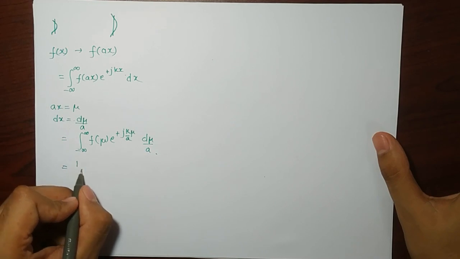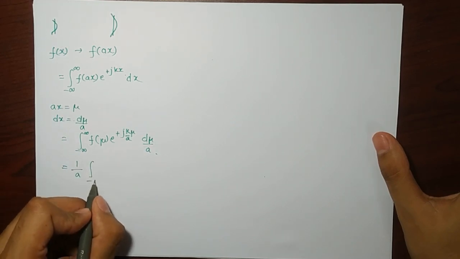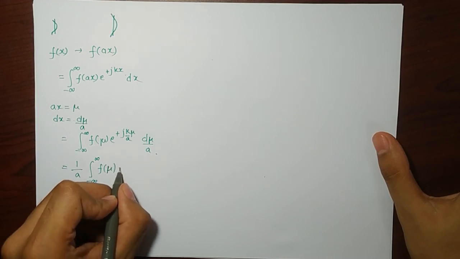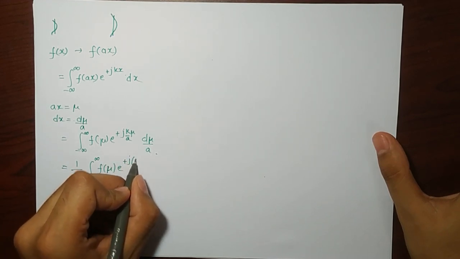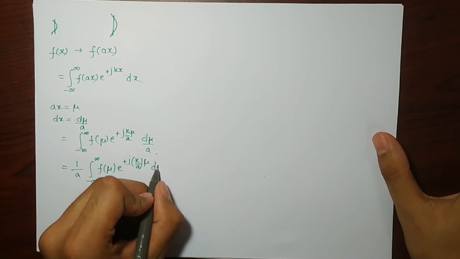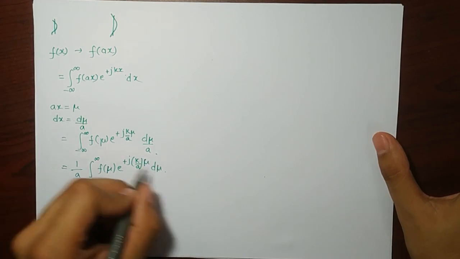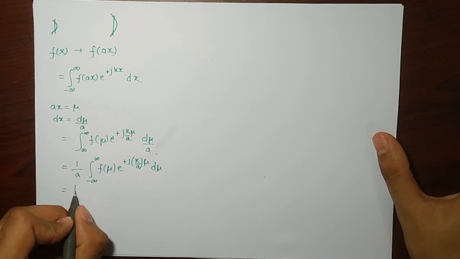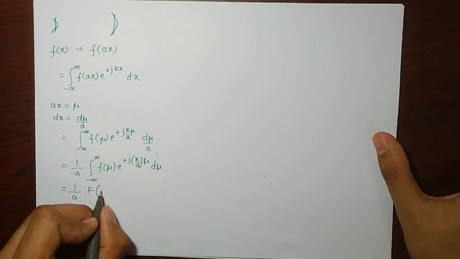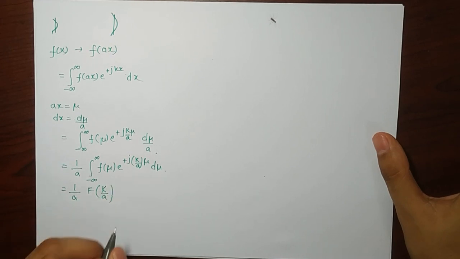You pull this 1 by a factor out, and then you can see that f of mu to the power plus, I can put this in one bracket, and this would be d mu. So this is basically the same as f of k by a.